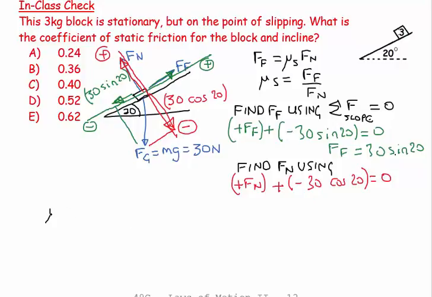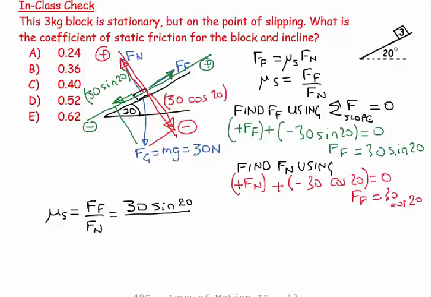So now I can say mu s is equal to Ff over Fn, which equals 30 sine 20 over, oh, look at that. Let's just finish this bit off. Fn equals 30 cosine 20. So this is over 30 cosine 20.